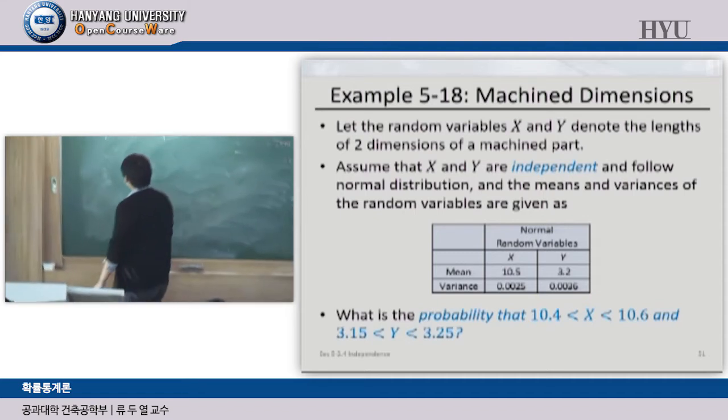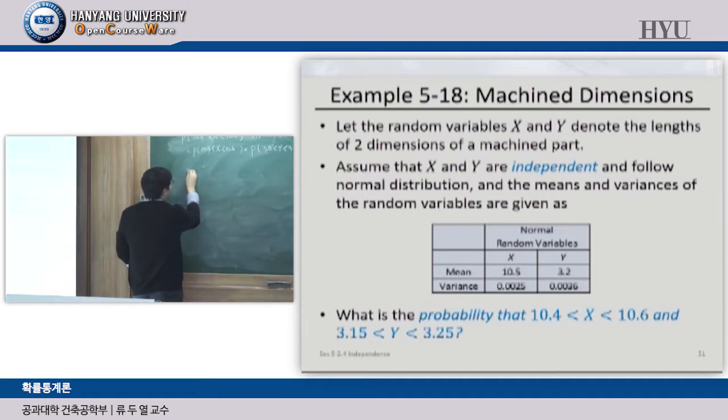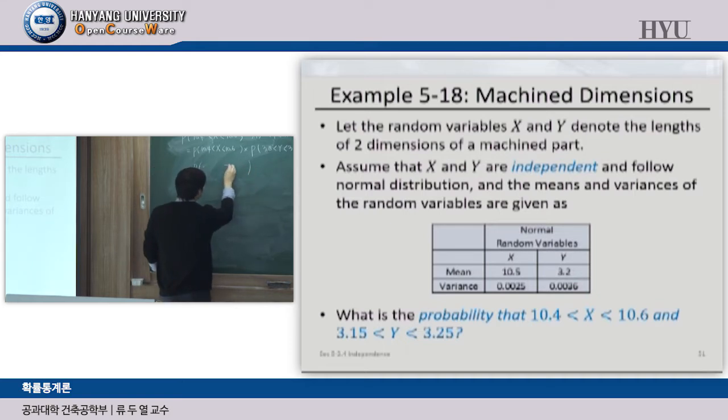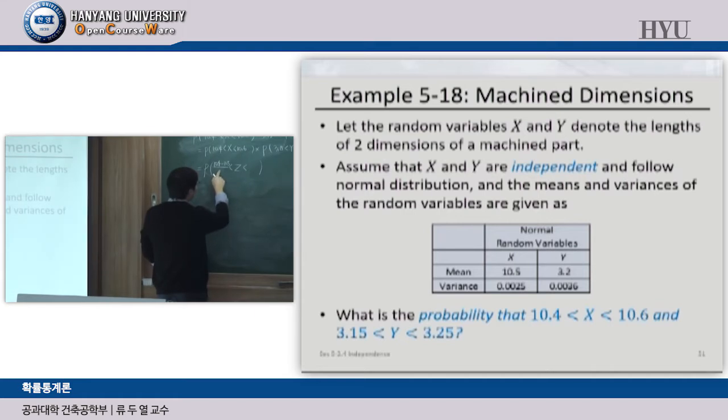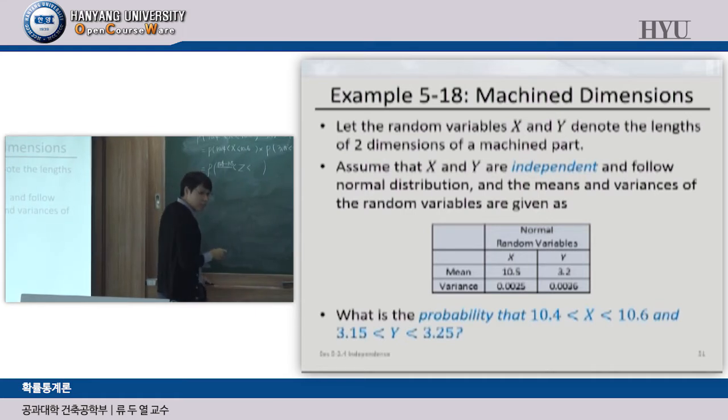So we can use the standard normal random variable z: the probability of z between 10.4 minus the mean, 10.5, over the standard deviation.